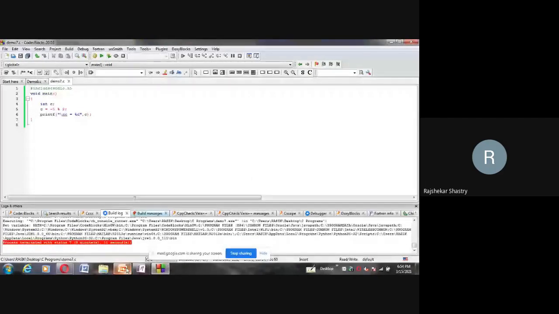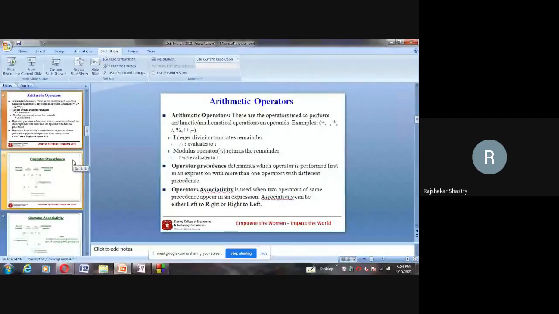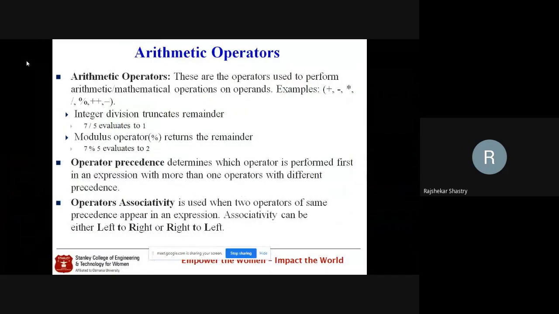But now the important thing comes, that when we talk about operators, not only arithmetic operators, we have several other operators also, like as just now we listed, conditional, logical, bitwise, so many operators. When we use multiple operators simultaneously in a big mathematical expression, how will your compiler or CPU execute that expression?